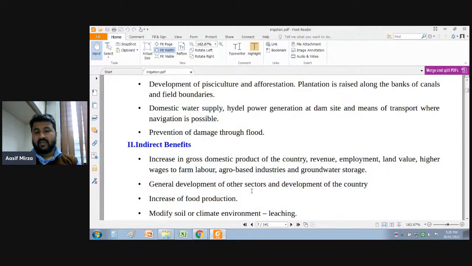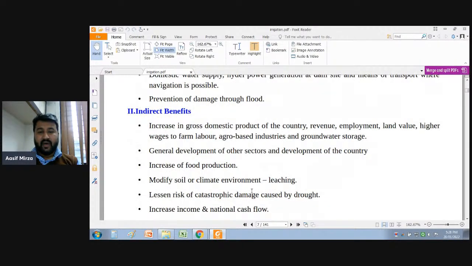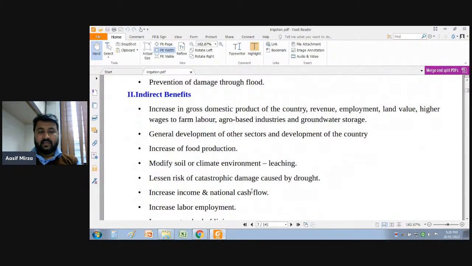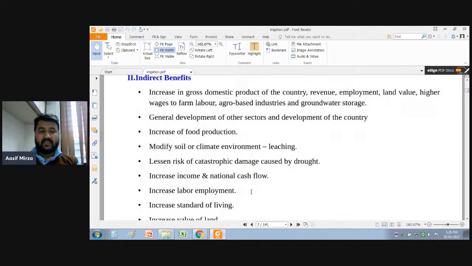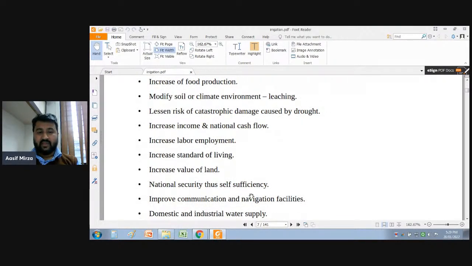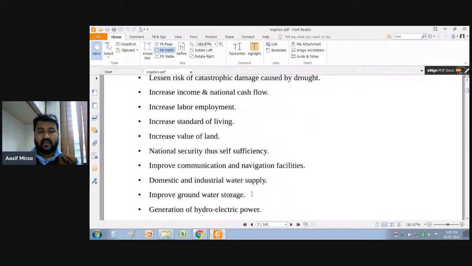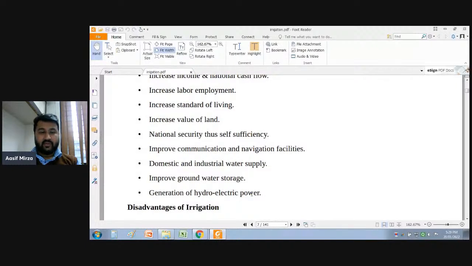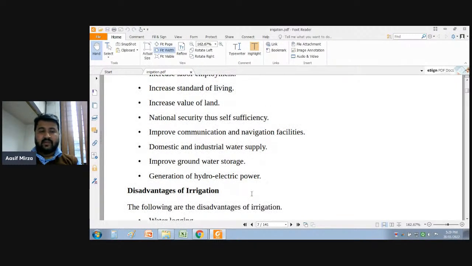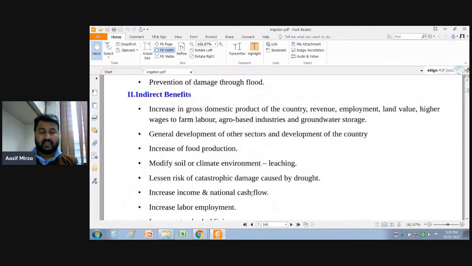General development of other sectors and development of the country, increase of food production, modify soil or the climate, environmental leaching, lessen the risk of catastrophic damage caused by a drought, increase income and national cash flow, increase labor employment, increase standard of living, increase value of land, national security, thus self-sufficiency, improve communication and navigation facilities, domestic and industrial water supply, improve groundwater storage, generation of hydroelectric power. So these are all the advantages in the form of direct and indirect irrigation advantages.